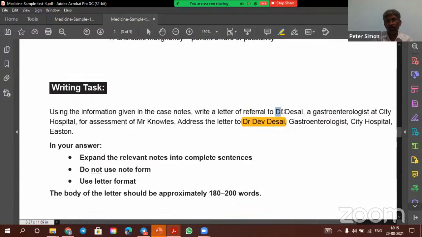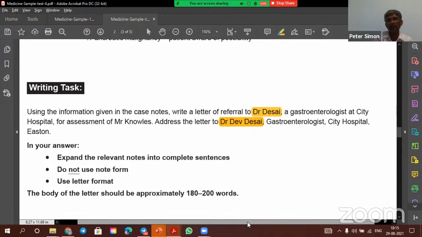So here, Dr. Desai, shortcut is there, but the full name you have to take, Dr. Dev Desai. So we don't need it in the address, this is taken in the salutation, Dr. Desai, Dear Dr. Desai. So this is important, but it will go into the salutation. Then this will go into the address.